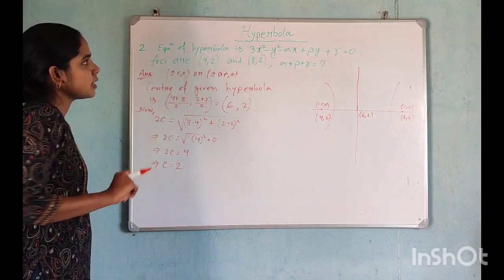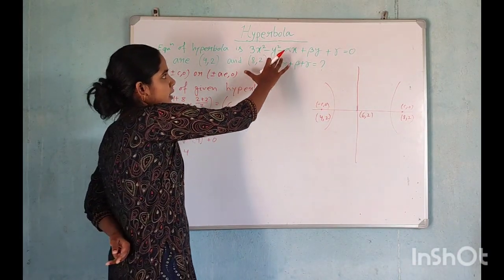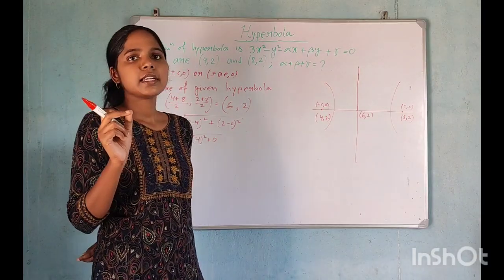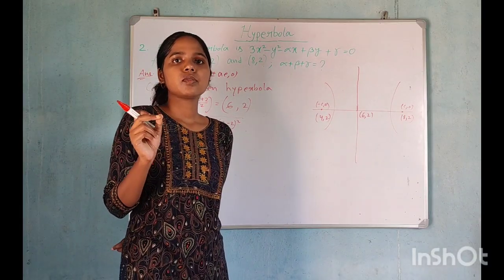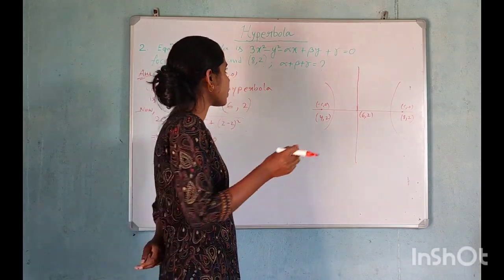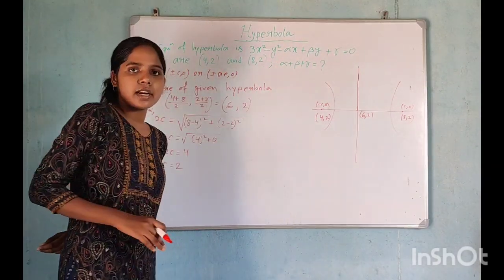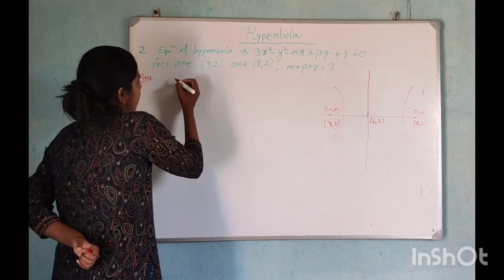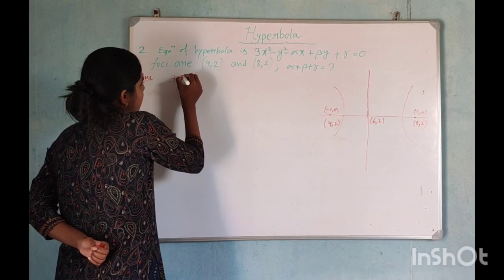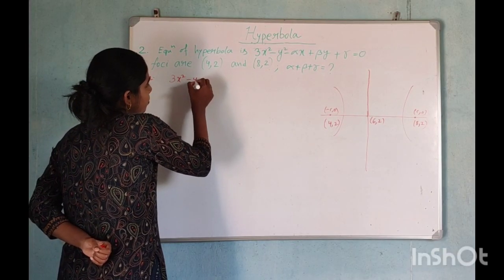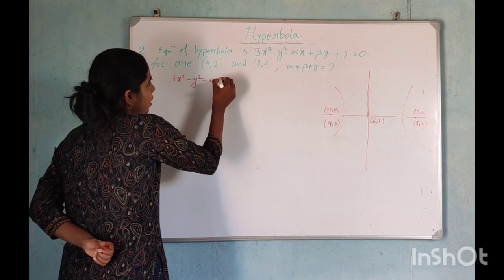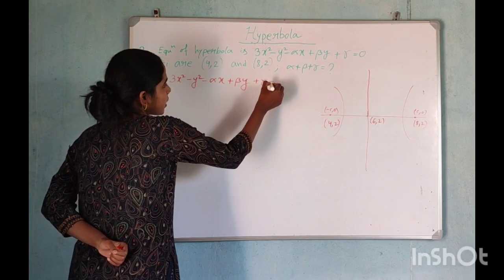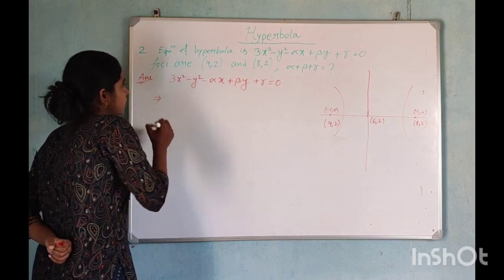Now we can see the equation. Here the equation is not in standard form. In standard form it is x square by a square minus y square by b square equals 1. So we can transform it into standard form. Write down the equation first: 3x square minus y square minus alpha x plus beta y plus gamma equals 0.